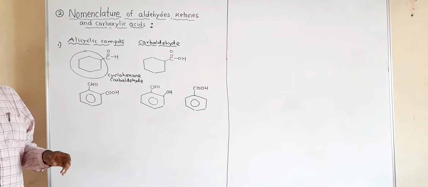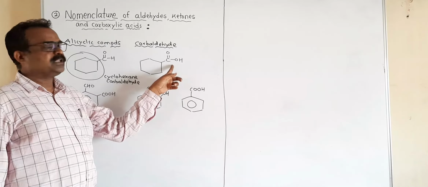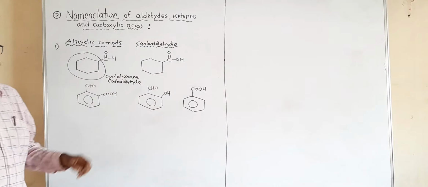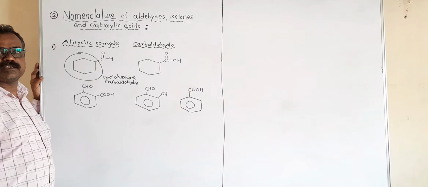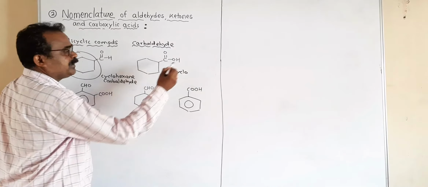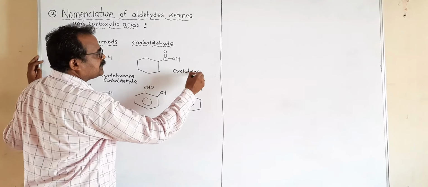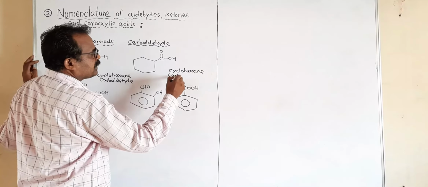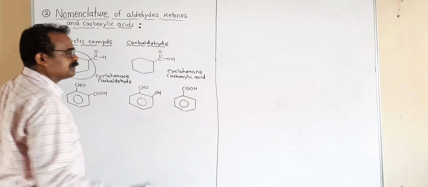In alicyclic compounds, when the carboxyl group is directly attached to the ring, then it is known as cycloalkane carboxylic acid. Therefore, this compound having a carboxyl group is named cyclohexane carboxylic acid.